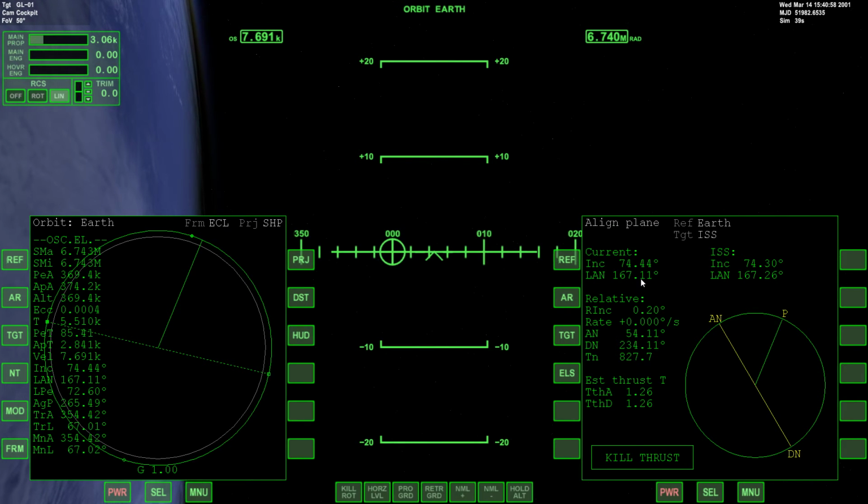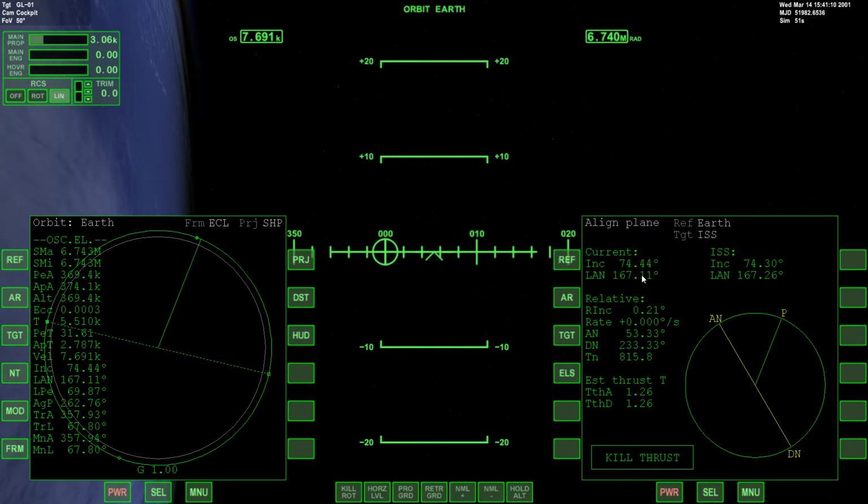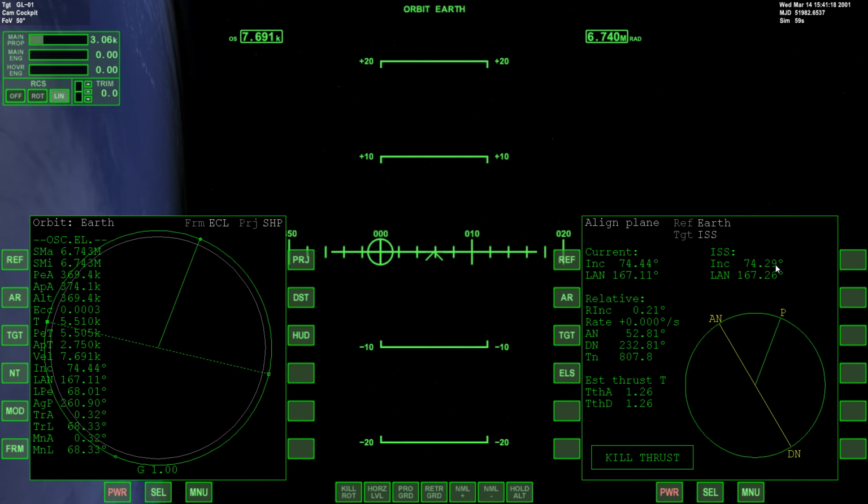Now again, I would recommend you check out part 1 of the series, in which I describe in detail all of the orbital elements and things like the inclination and the longitude of the ascending node and how that applies to orbital mechanics. But at the top of the Align Plane MFD you can see our inclination, our longitude of the ascending node, and ISS's inclination and its longitude of the ascending node.